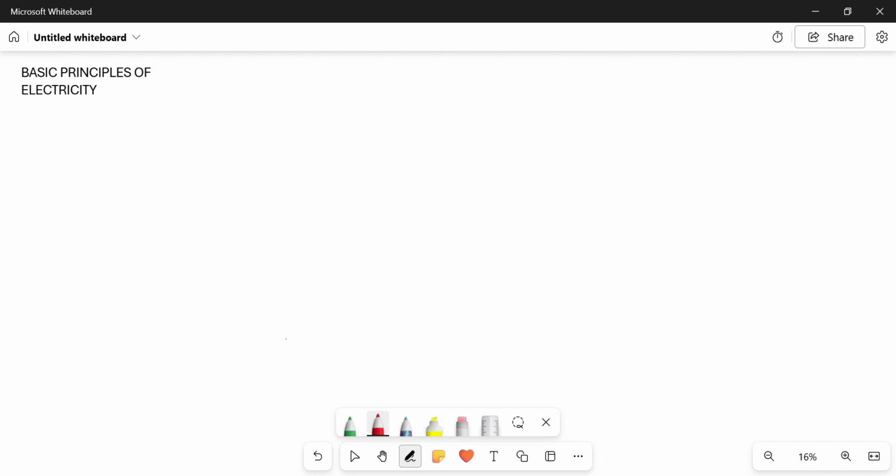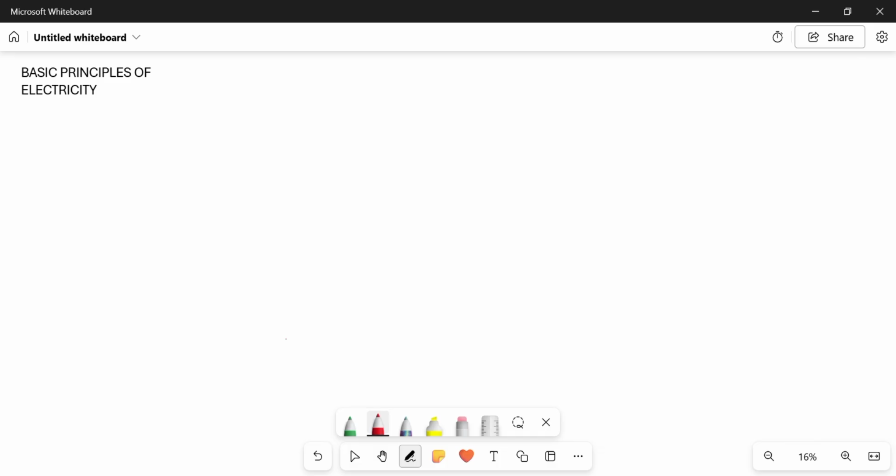At first, what is electricity? Electricity is the flow of electric charge through a conductor. So we have to know how to define electricity. So electricity, as I stated just now, is the flow of electric charge through a conductor.